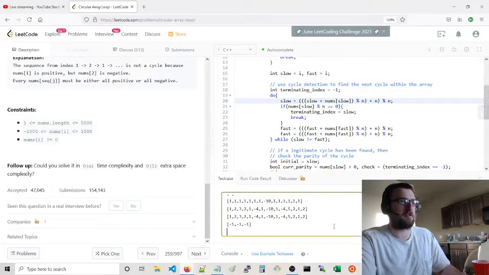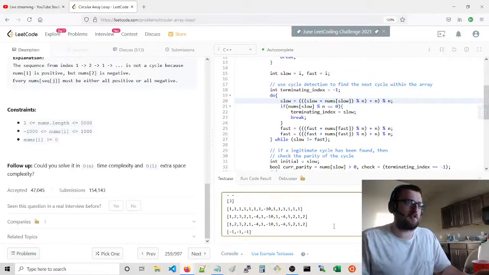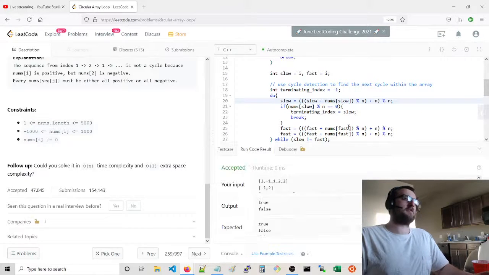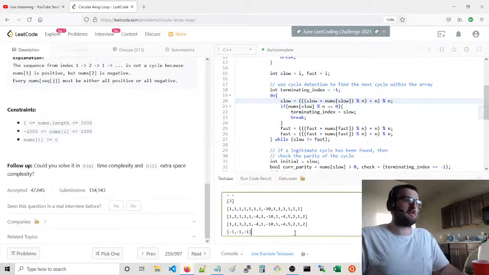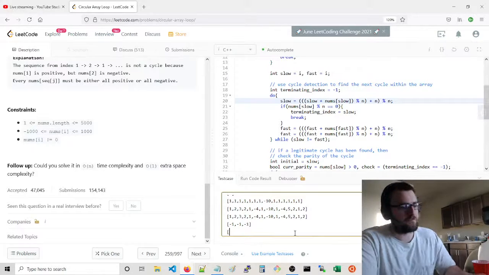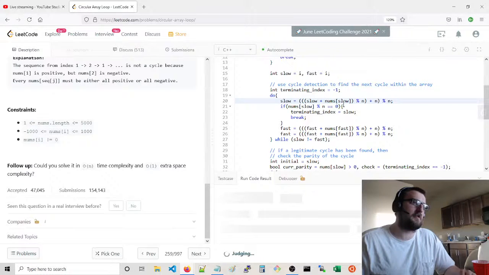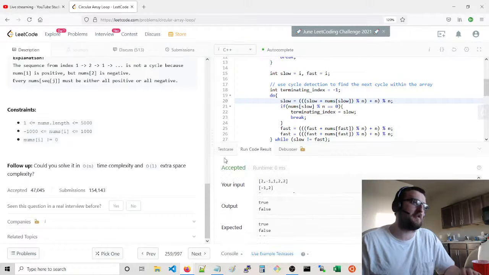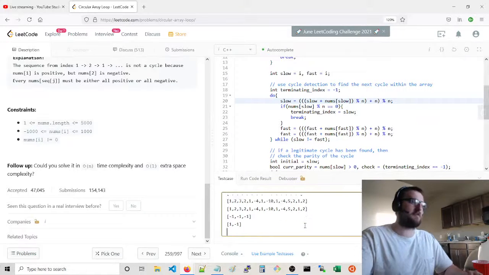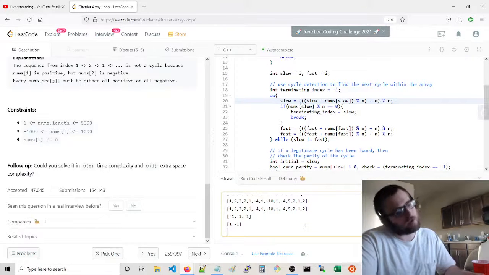Just want to make sure. Oh, so yeah, did I? Yeah, I think the parity thing I got correct. Yeah, that's interesting. So we do 1, 2, -1, right? How about that? The parity changes. I don't know, man.